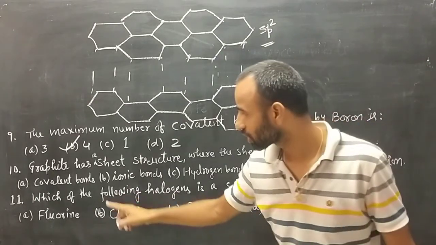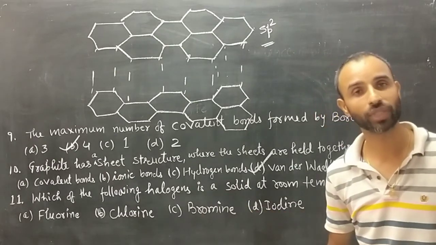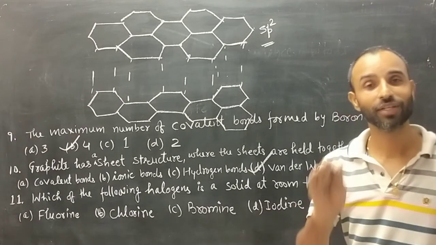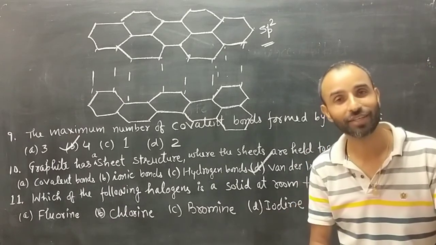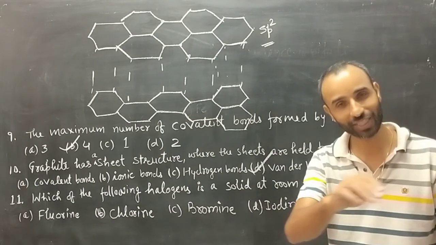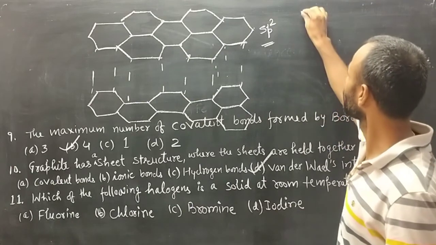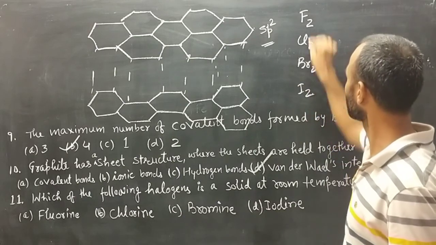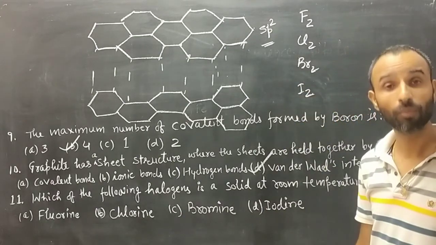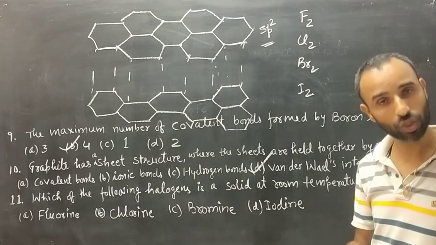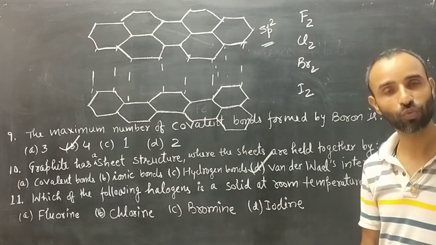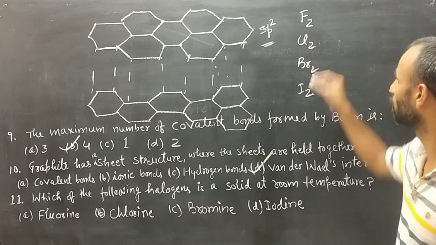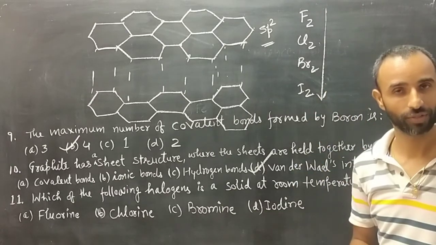Okay, now the last, 11th question is from 2010. Which of the following halogens is solid at room temperature? Keep in mind that halogens are gases, liquids as well as solids. All 3 states of matter are present in halogens. So you know, fluorine, chlorine, bromine, iodine: as we go down the group, size increases, molecular mass increases, number of electrons increases, and that's why dispersion forces, van der Waals attractions, increase as we go down the group, right?